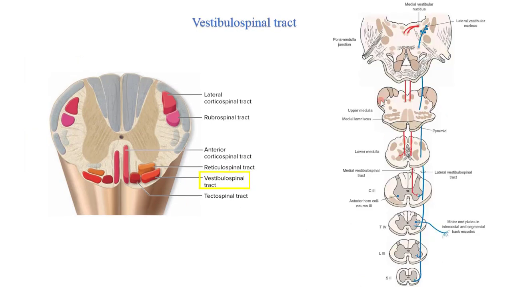This next tract system, the vestibulospinal tract, is actually split into two, the medial and lateral vestibulospinal tracts. They arise from the medial and lateral vestibular nuclei respectively in the medulla oblongata at the floor of the fourth ventricle.